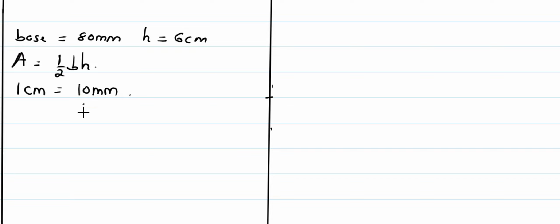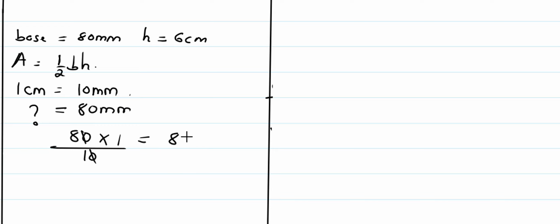So we ask ourselves, how about 8 millimeters is equivalent to how many centimeters? So we cross multiply, we take this 8 and we multiply by this 1 centimeter there, and we divide by this 10, and then I can cancel that one by that one, then 8 multiplied by 1 becomes 8 centimeters, like that. So now we have the base in centimeters, the height in centimeters.